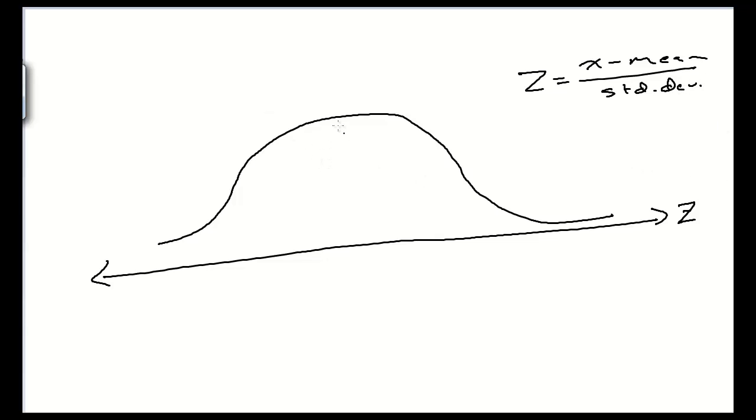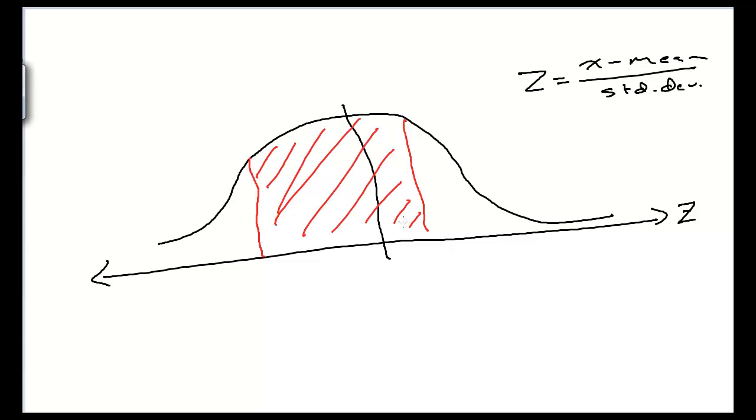All right, so the third thing that I'd be interested in is area in between two z-scores. So let's say this z-score here and this z-score here. And I want to know what's this area right here. Well, I can find the area to the left of my bigger z-score.